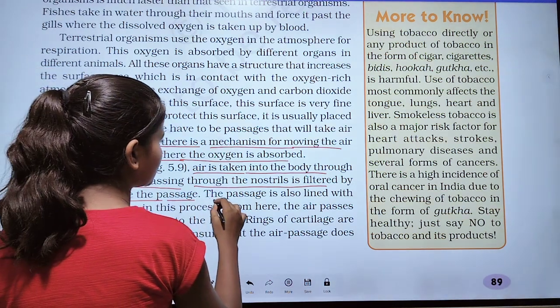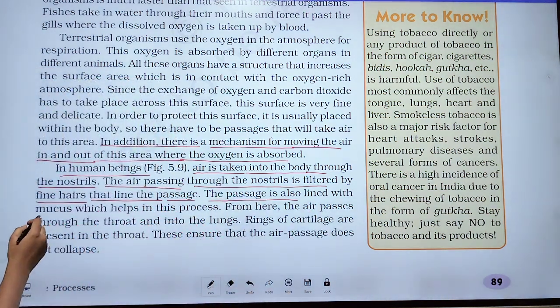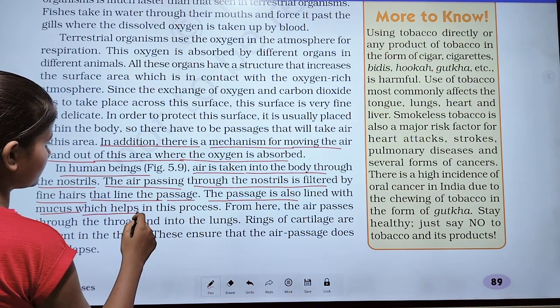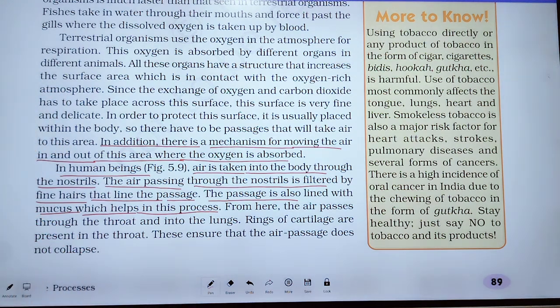The passage is also lined with mucus, which helps in this process.